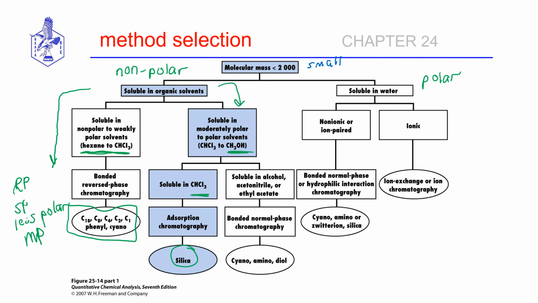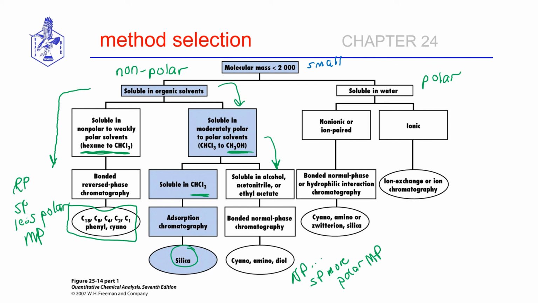Once again, that's adsorption chromatography. The best method, if we have solubilities in these solvents, alcohol, acetonitrile, etc., is to do bonded normal phase chromatography. Once again, if it's normal phase chromatography, our stationary phase is more polar than our mobile phase.